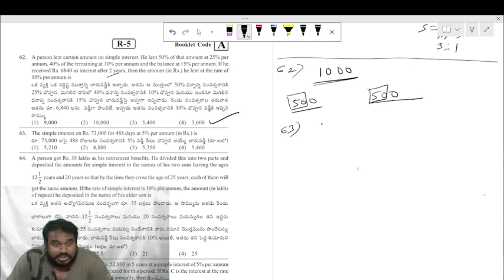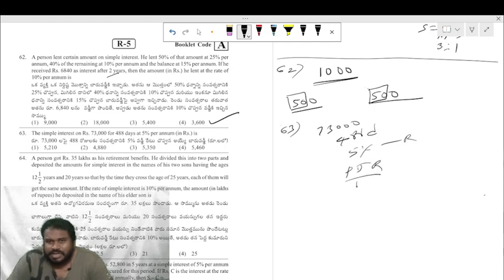The simple interest on 73,000 for 488 days at 5%. 488 days, not years. 5% is the rate of interest. What is the formula we have? PTR by 100 is the interest value. For simple interest the formula is PTR by 100. Principal is given as 73,000, but we don't know the time period in years.